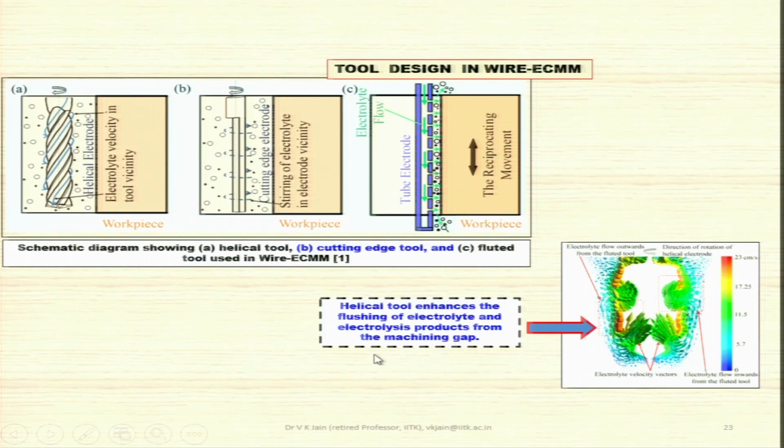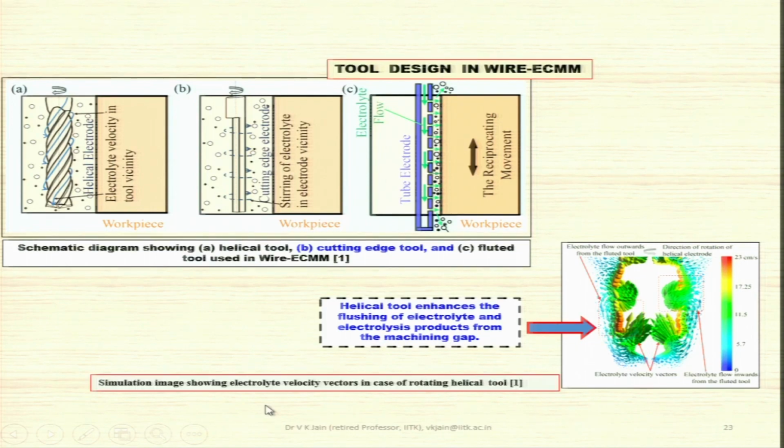These are the velocity vectors which are shown over here. Simulation image showing electrolyte velocity vector in case of a rotating helical tool, they are shown over here, and this rotation helps in the removal of sludge, as I have just mentioned.